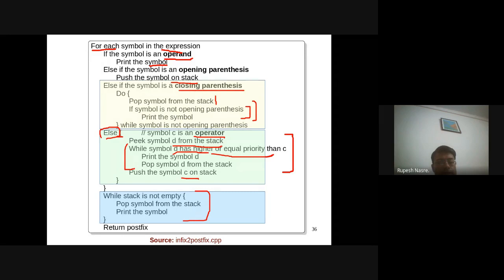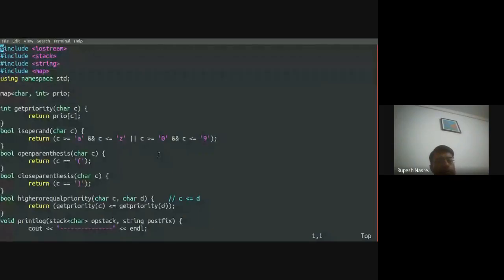Let me just unshare the screen and share the other window. Okay, so the code goes like this.